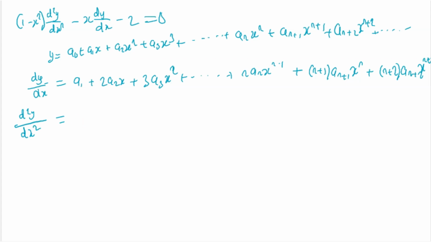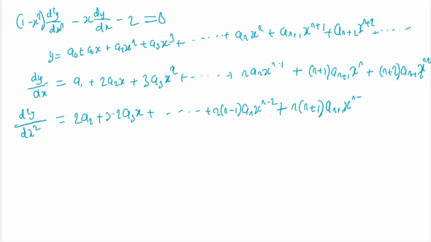That would be 2 a sub 2, plus 3 times 2 a sub 3 x, plus, then we have n multiplied by n minus 1 a sub n x to the n minus 2, plus n plus 1 times n a sub n plus 1 x to the n minus 1, plus n plus 2 times n plus 1 multiplying a sub n plus 2 x to the n, that is x to the n only, and then everything goes to infinity as well.